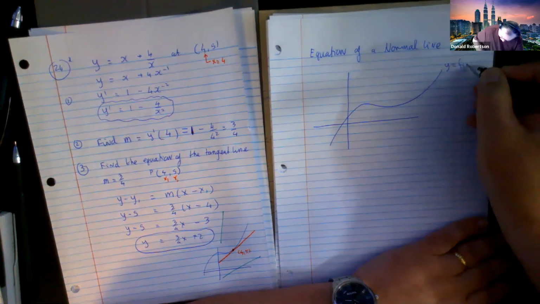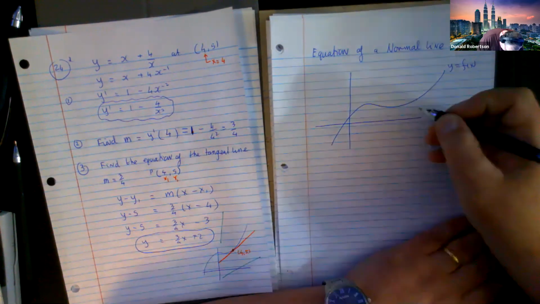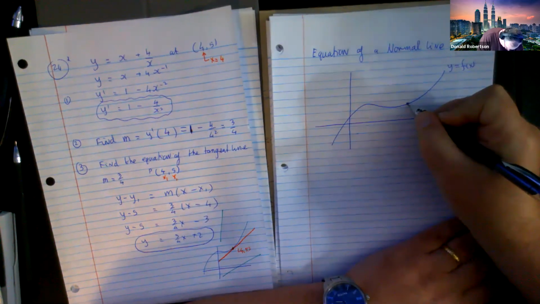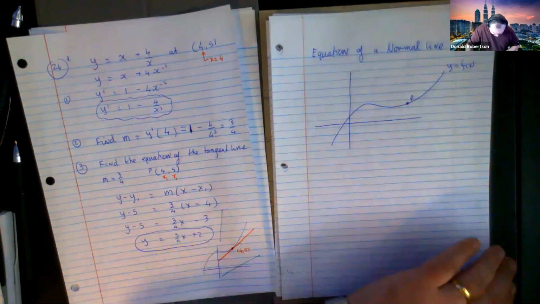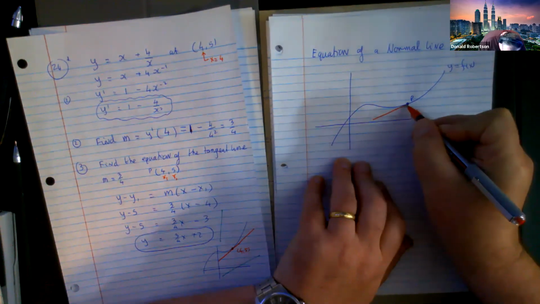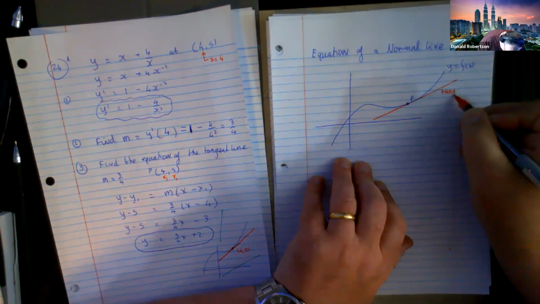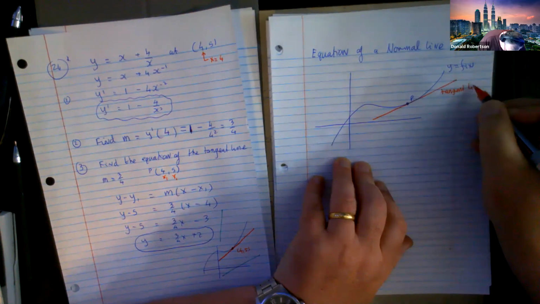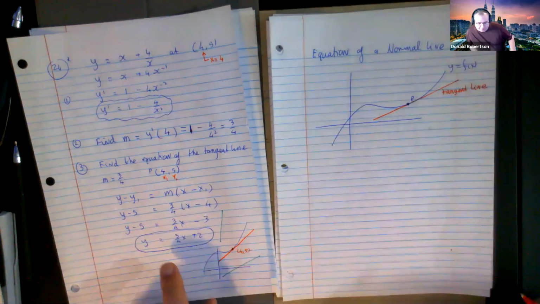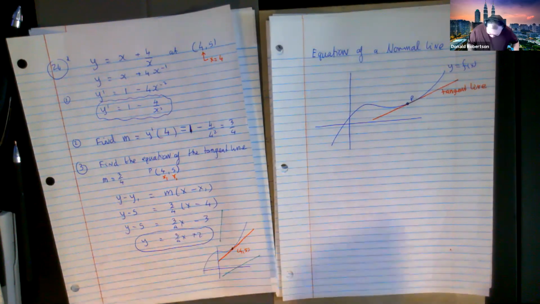Imagine this is y equals f of x, and imagine that we're interested at this point here. We'll call it P. We know visually what a tangent line looks like. It'd probably be this line here, right? And we get the equation of it, and that might be the equation of this tangent line.